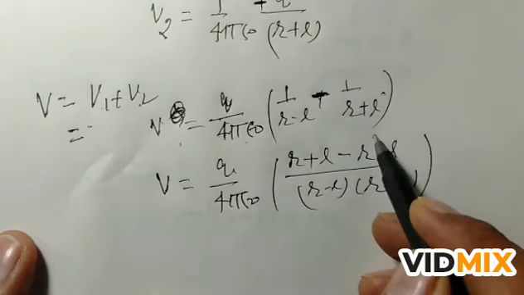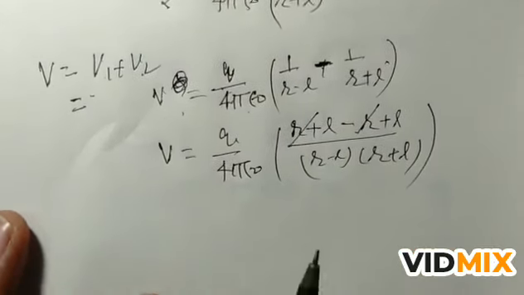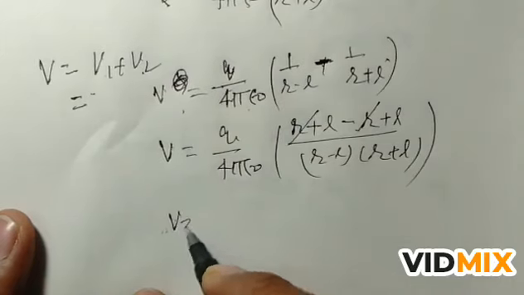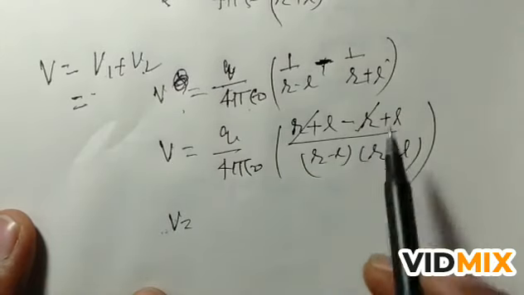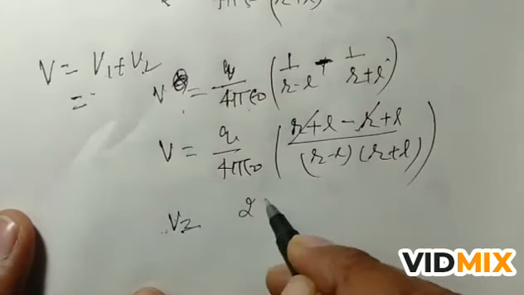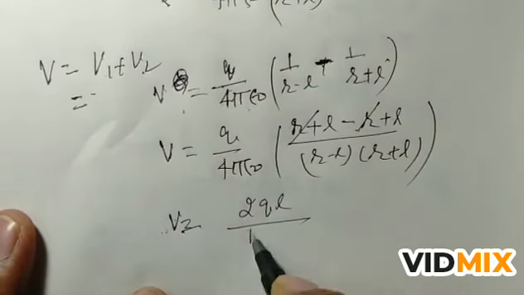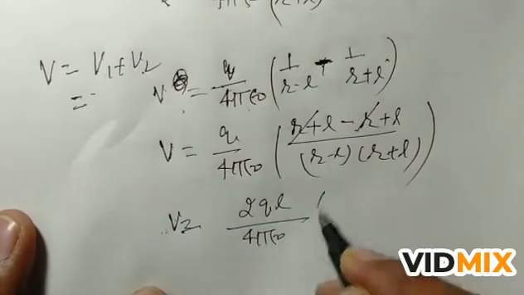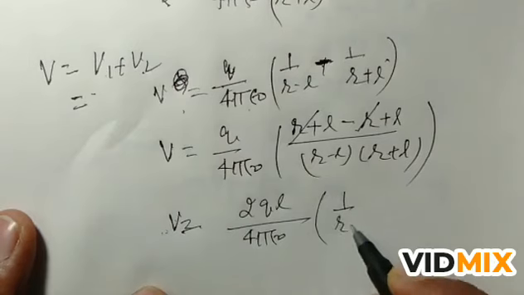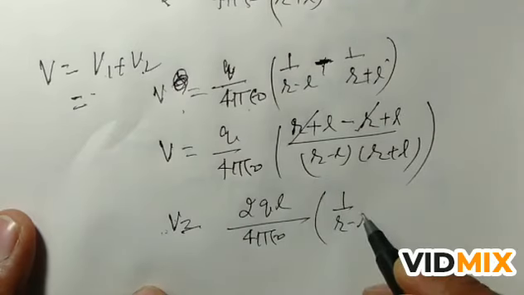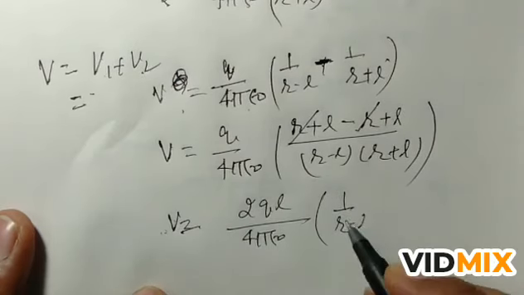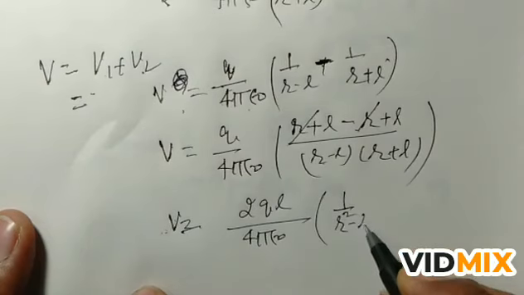So r cancels. Now V is equal to 2L, so V is equal to 2QL upon 4 pi epsilon naught, and here 1 upon r minus L and r plus L. It is a minus b, a plus b, so r square minus L square.